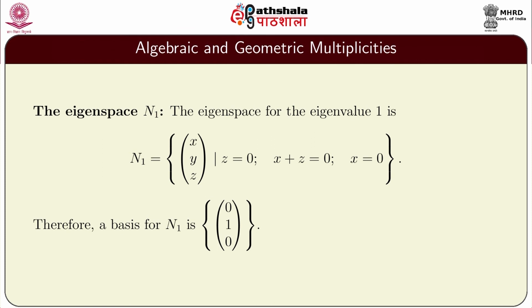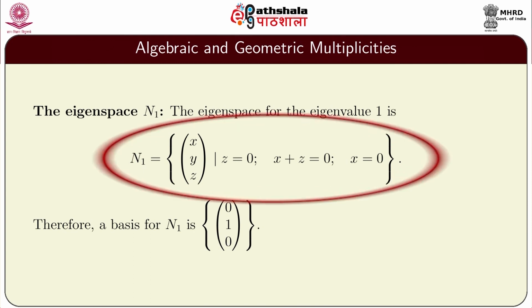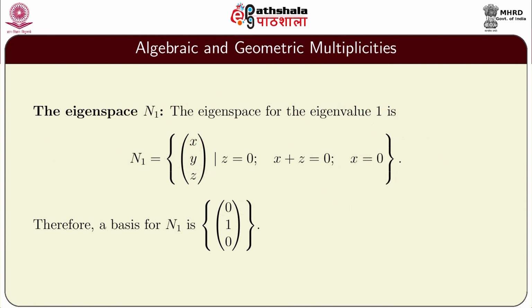N1 is the kernel of A minus I, and it turns out that it is the collection of all those 3 tuples (x, y, z) such that they satisfy the system of equations z equal to 0, x plus z equal to 0 and x equal to 0. And therefore, a basis for N1 is just this singleton, the vector (0, 1, 0).